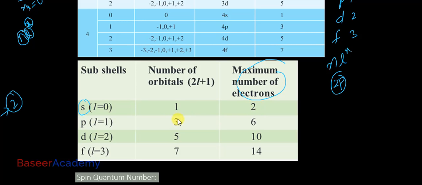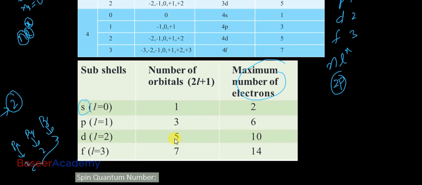The p subshell has 3 orbitals, px, py, pz. This orbital can have a maximum of 2 electrons, this one 2, and this one 2. So altogether how many electrons will be there? 6 electrons.